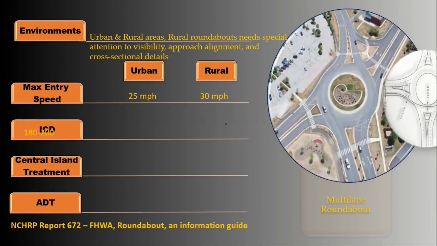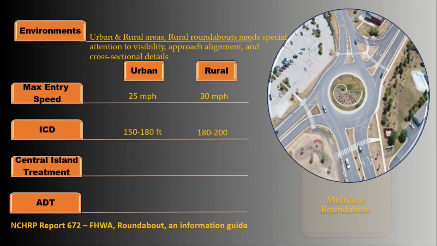Inscribed circle diameter. This diameter ranges from 150 to 180 feet in urban areas and from 180 to 200 feet in rural areas. Given diameters of these sizes, normally multi-lane roundabouts do not need an apron.